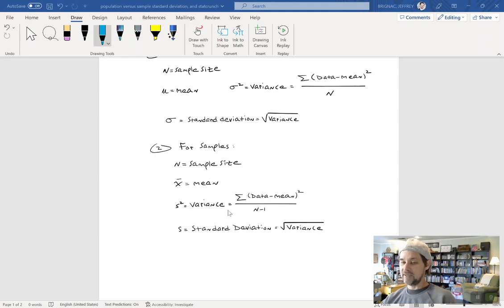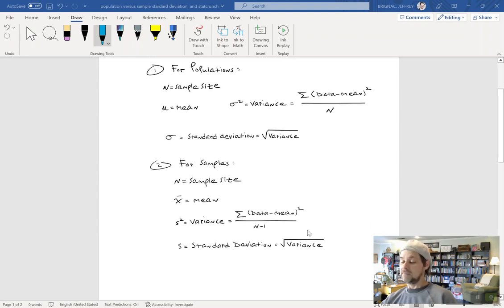But once you have the variance, the standard deviation, going by the symbol s, is the square root of the variance. So the only difference is in the variance: we divide by n, the sample size, for the population, and for a sample, we divide by n minus 1.